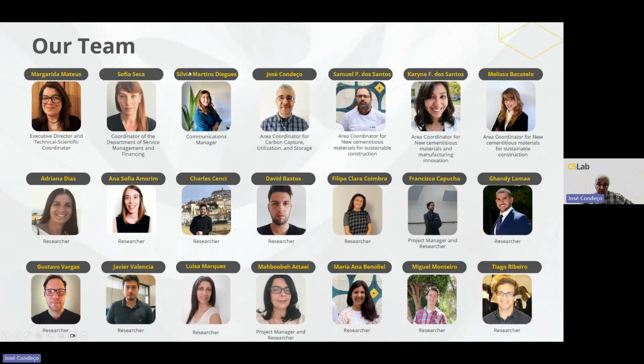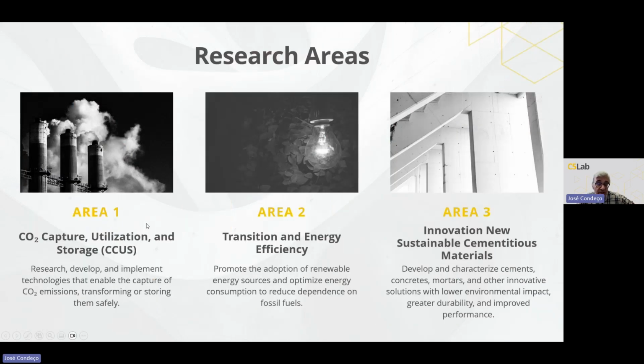We work together towards the decarbonisation of the cement industry in order to achieve carbon neutrality. At the moment, we are 21 researchers working in different research areas. Area one is more related with CCUS, so CO2 capture, utilization and storage, basically taking care of the flue gas of the cement plant.